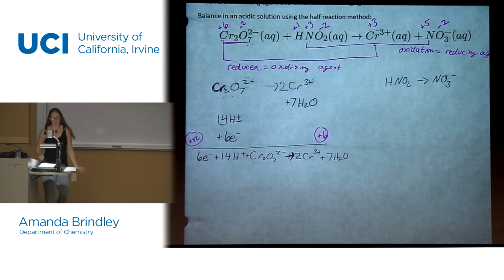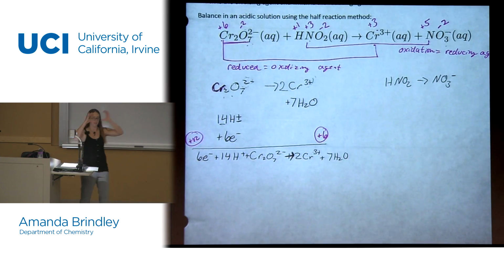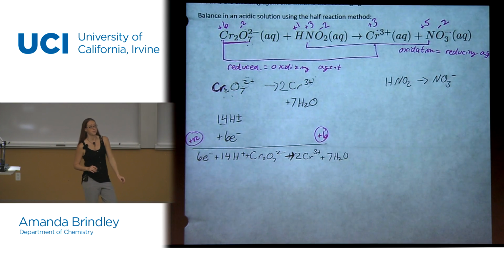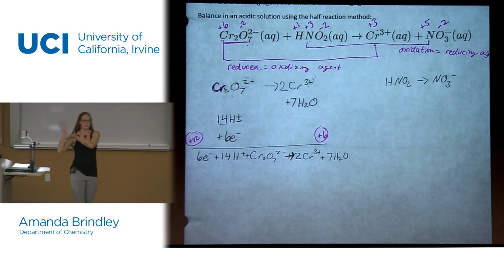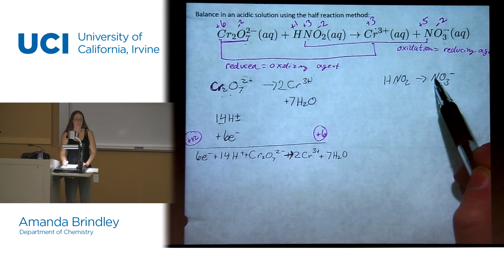Again, when you're doing this on your own, just, +7 here, +14 here, +6 here, it'll already be rewritten for you. It's just, this is a little easier for note taking. Okay, now we do the exact same thing on the other side. We balance everything that isn't hydrogen and oxygen.